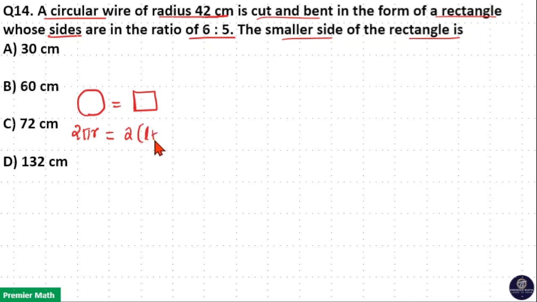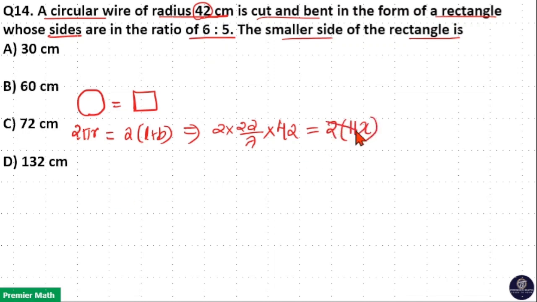So 2 into (L plus B) is equal to 2 pi r, which means 2 into 22 by 7 into r, where r is 42 here, is equal to 2 into (L plus B). Here length and breadth are in the ratio 6:5. Then L plus B is 6 plus 5, 11 parts. So 11 parts I will write as 11x.